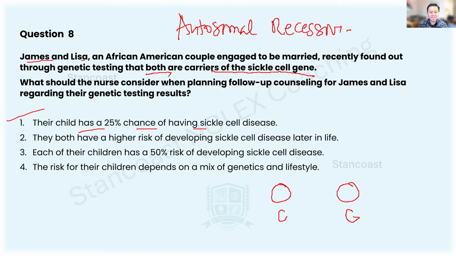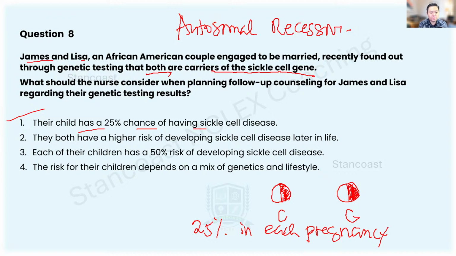Again, there is 25% chance that with each pregnancy, their child might inherit the defective gene. So, I'm shading this one right here. Each parent will have the defective gene. So again, 25% each pregnancy. There is that risk that that child will become defective, getting both bad traits.